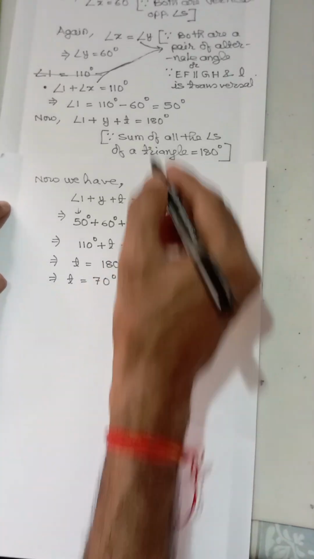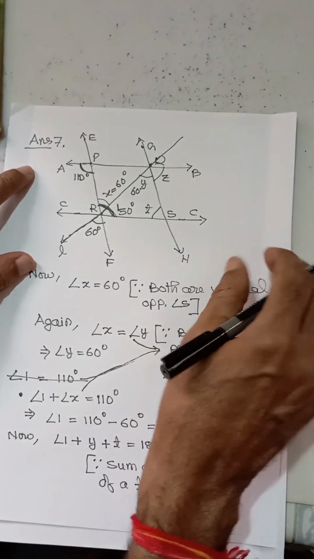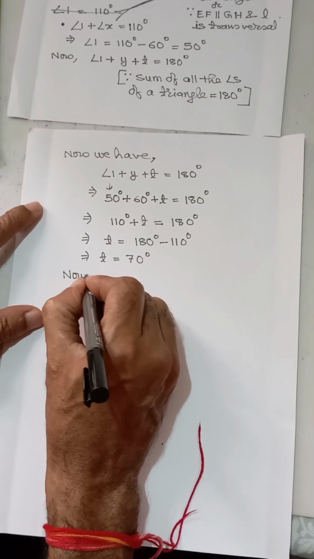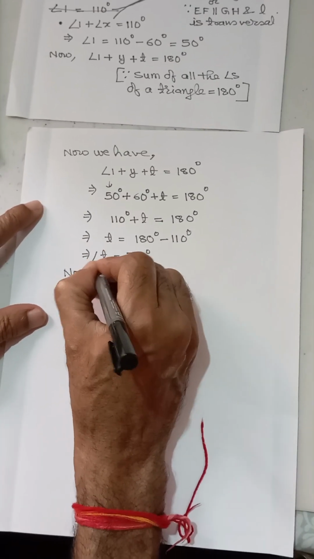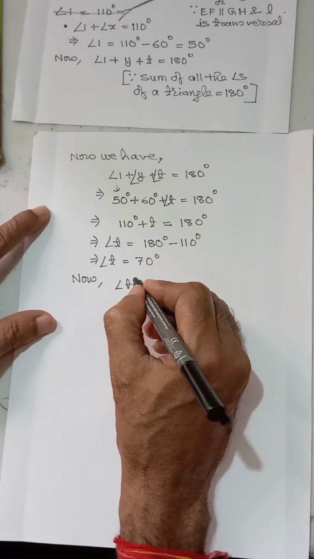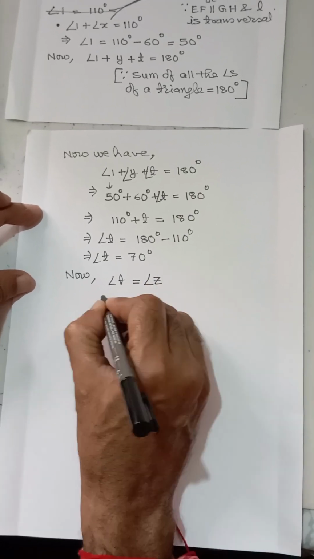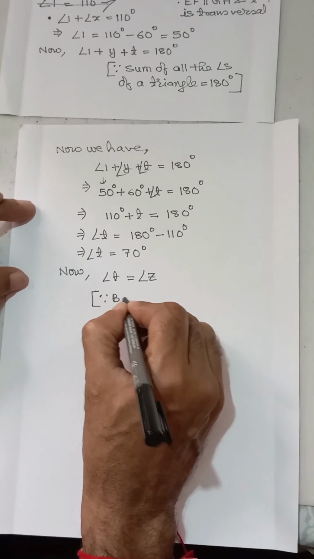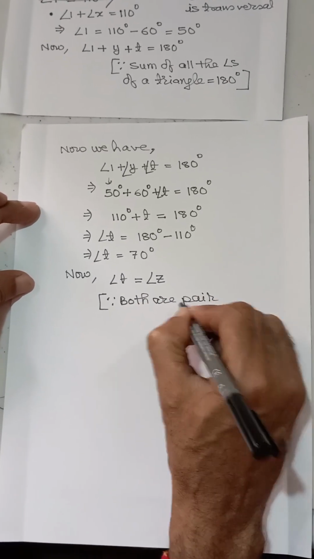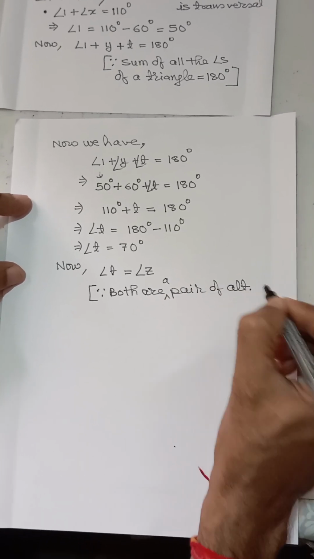And now t and z, if you can see this figure, t and z are alternate angles. So now we will write like this. Angle t is equal to angle z, since both are a pair of alternate angles.